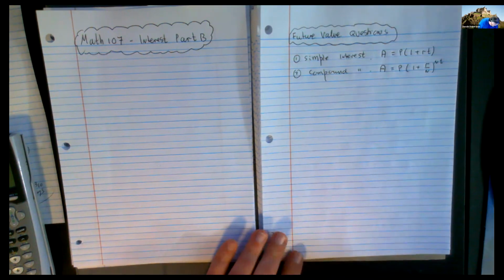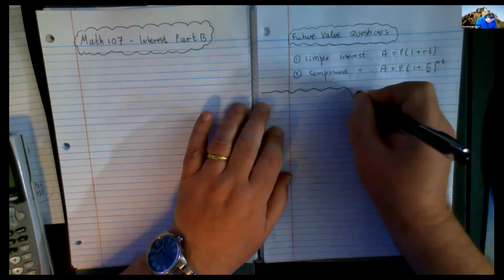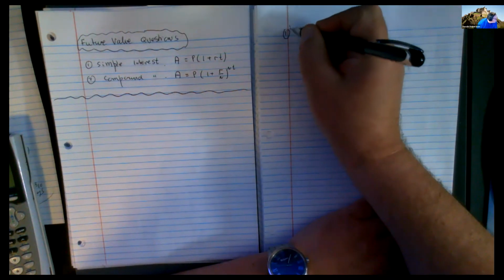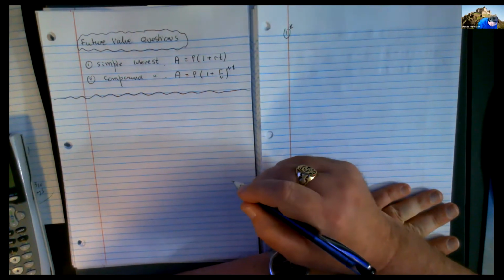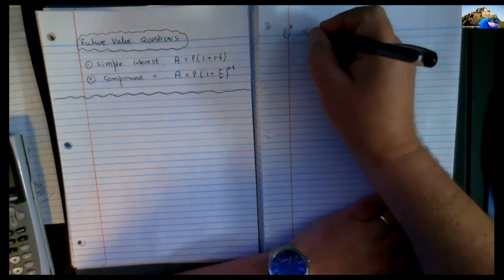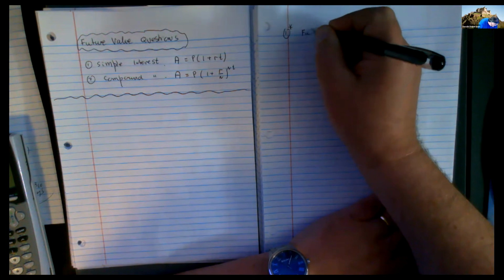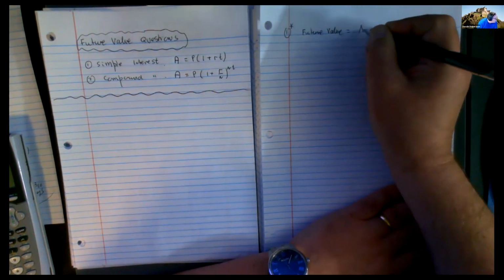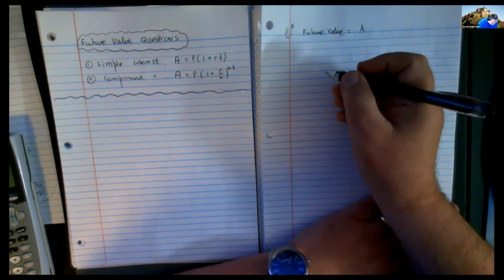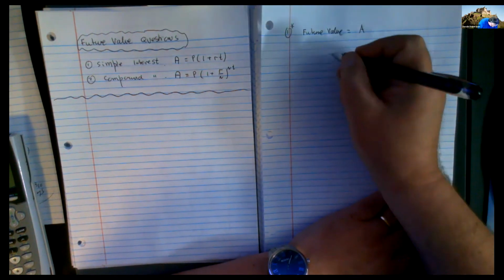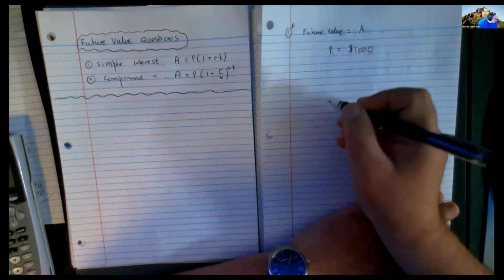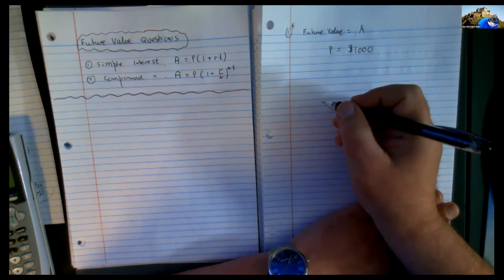So first question, no boundary line here, put them over there. The first question is similar to question 1 from the homework. They're asking you for the future value, so they're asking you to find A. In this story, you deposit $1,000, so P is $1,000, and it's in an education fund.